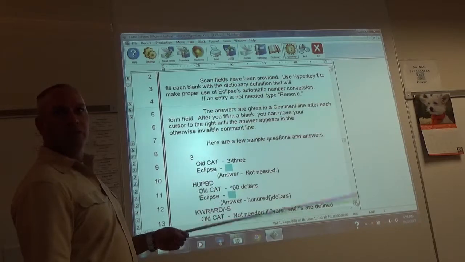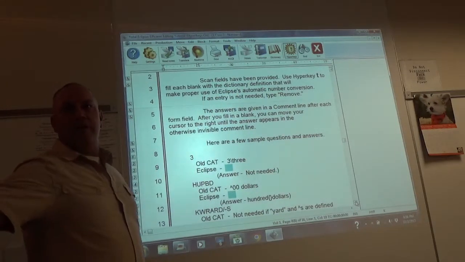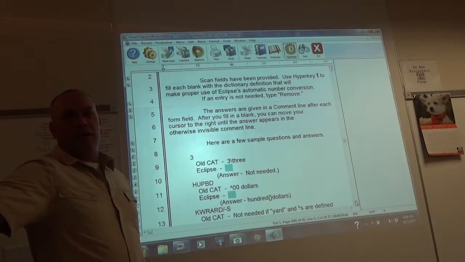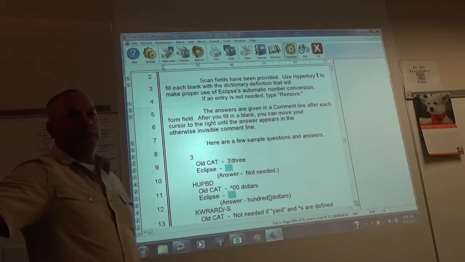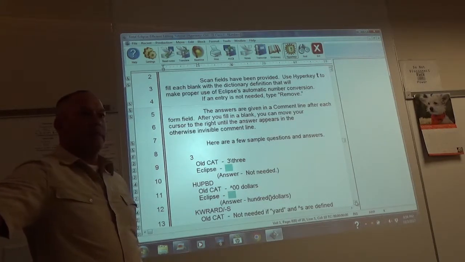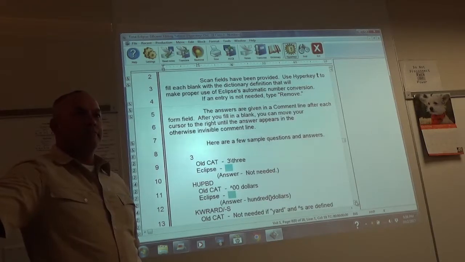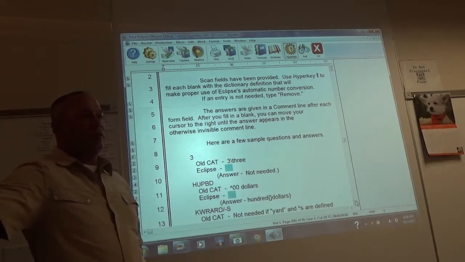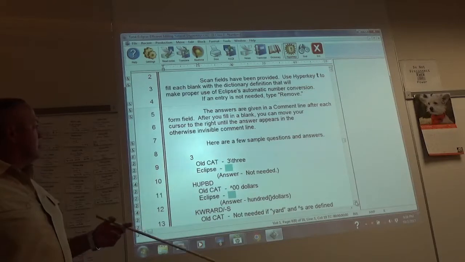How do you get into a field? E. How do you enter a field? Oh, E. Press E. Did it go in there? All you have to do is press enter. You don't have to press anything because it's already defined.